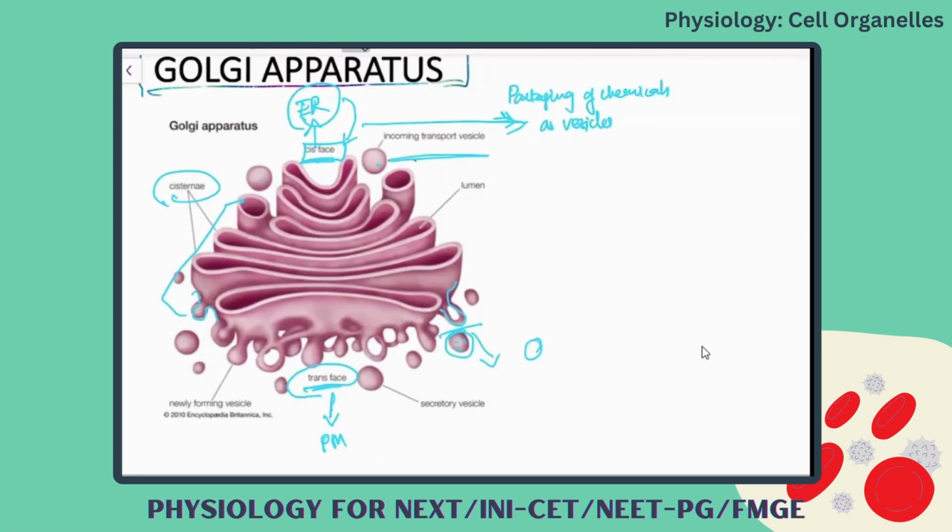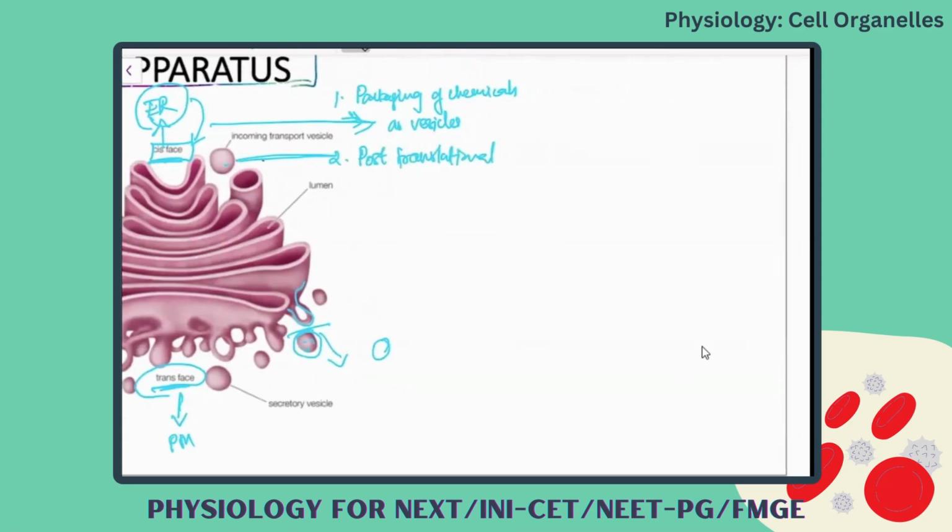Another important function of the Golgi apparatus is the post-translational modification of proteins. Where do you come across the term post-translational modification? Replication, transcription, translation. Replication is dividing. Transcription is DNA converted to mRNA.